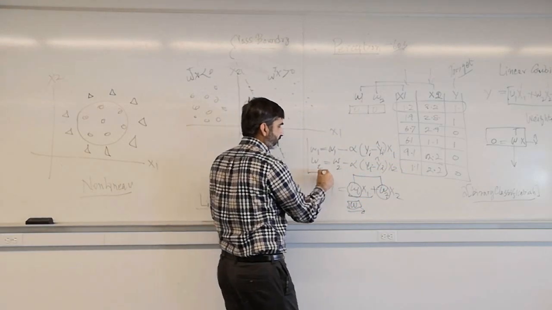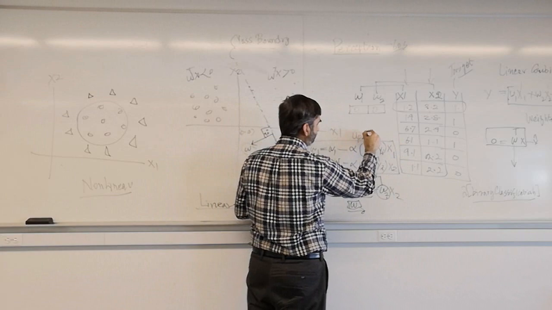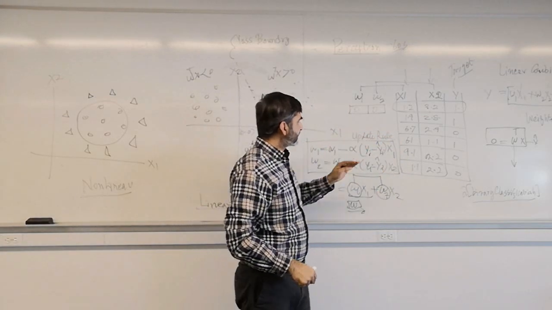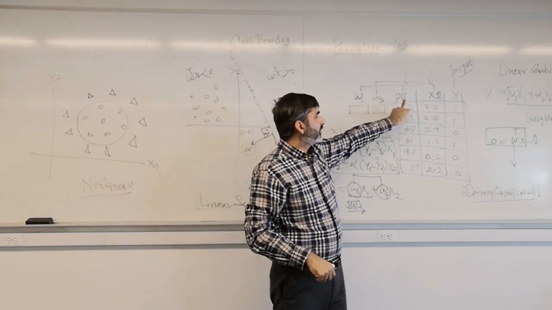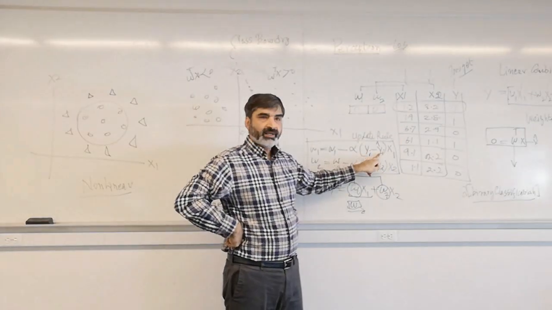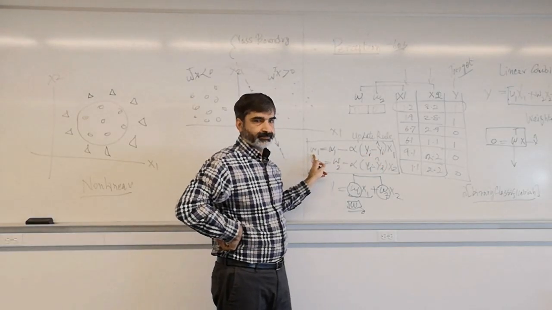So this is our update rule. How do we update? We start with 0, 0. If this example is correctly classified, that means yi is equal to y hat, which makes the difference 0. So no update.